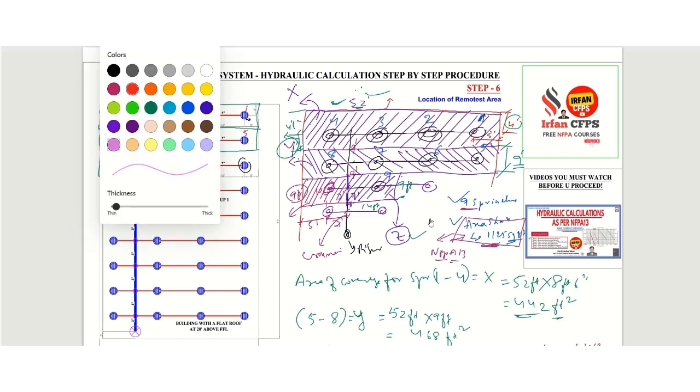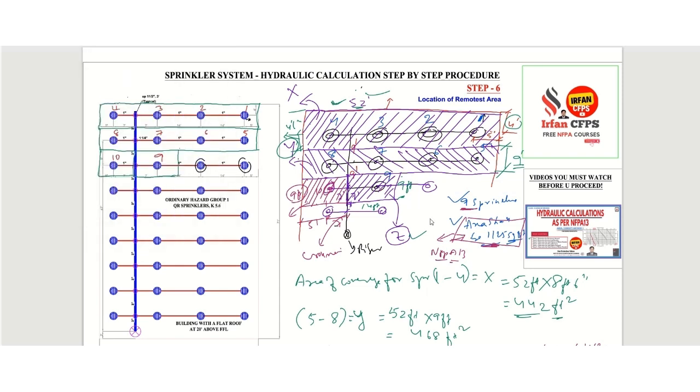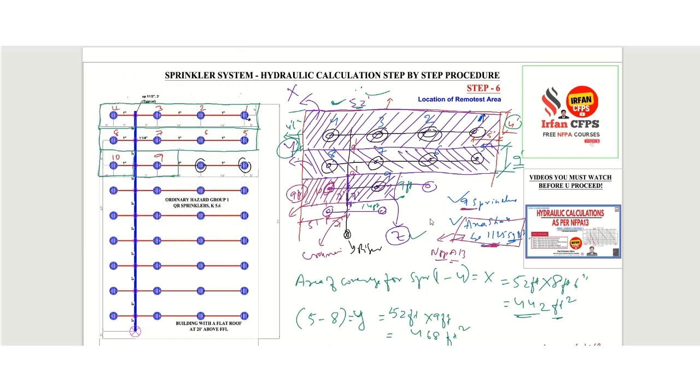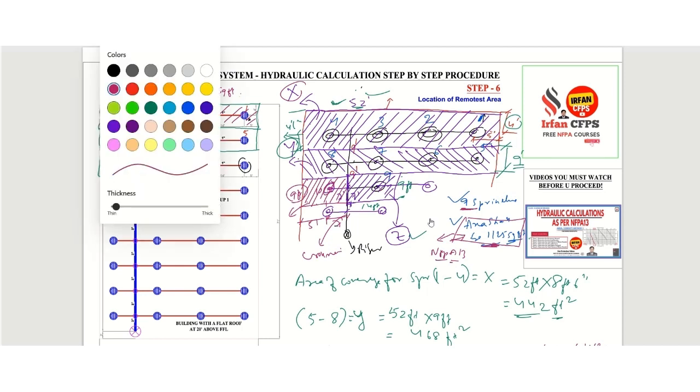Now we will hatch with various colors. Here we already have green, so we'll try to take some other color. This looks good. So we will hatch this portion. So this will be X, as I already told. This area is 442 square feet, and then we'll take one more color like magenta.